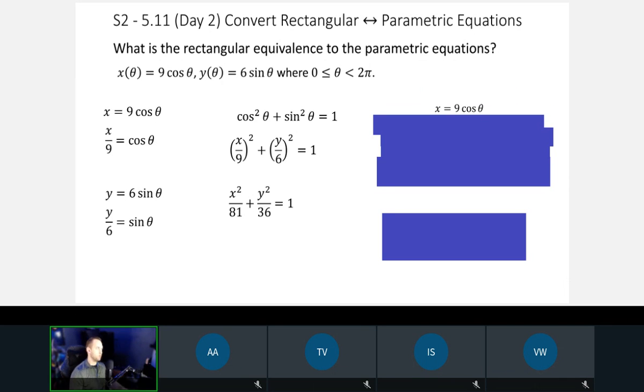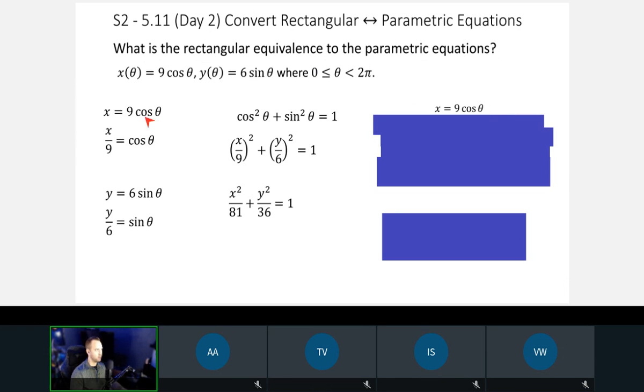All right, so to find your domain, you want to use your x equation. And all you're going to do is plug in the start and the end. But this one may be a little different because it's a trig function. This is where it's tricky.